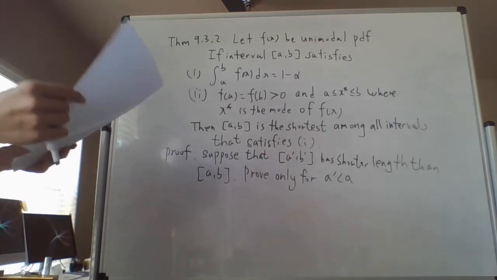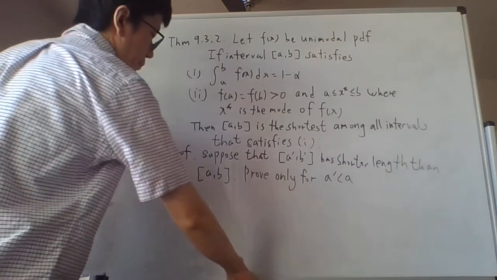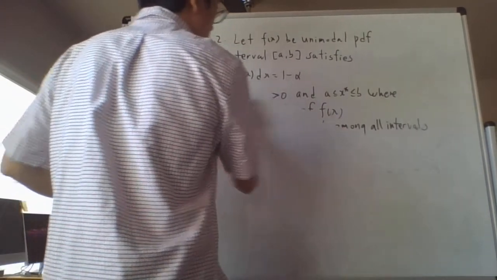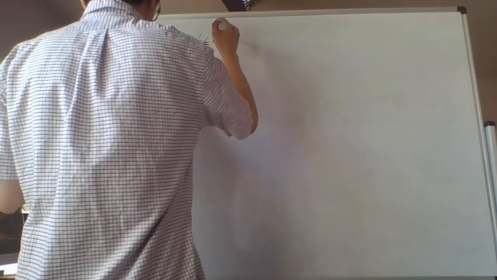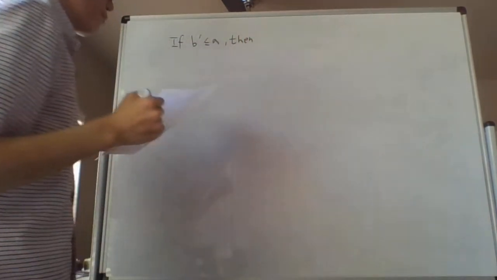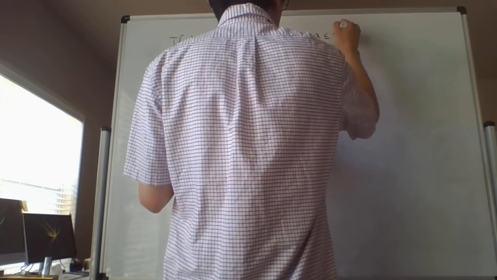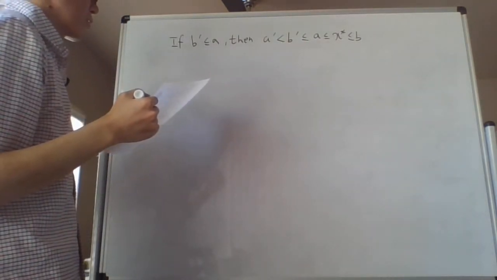And in this case, we have two cases. The first case is b prime is less than or equal to a, then a prime is less than b prime, less than or equal to a, less than or equal to x star, and less than or equal to b.